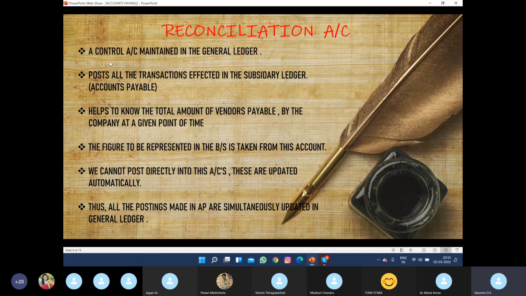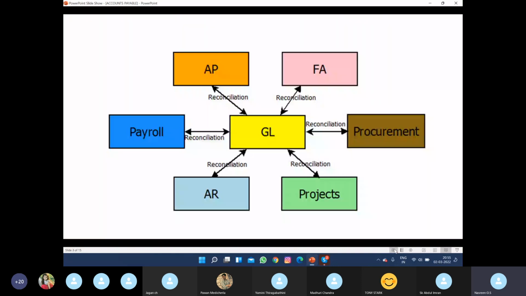Let's understand this line by line. What is a reconciliation account and why do we use this? What actually happens is the general ledger contains the record of all the ledgers such as raw materials, sundry creditors, debtors, etc. But the general ledger contains only the final balances of these creditors, debtors, etc. So what about the transactions that take place day by day?